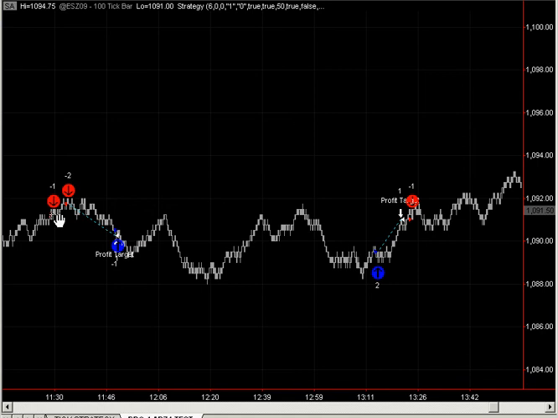In this instance, we simply cannot get a trade off of a lower high or off of a higher low. We can get a trade off of a higher high, but not off of a lower high. And that's once the trigger is set.